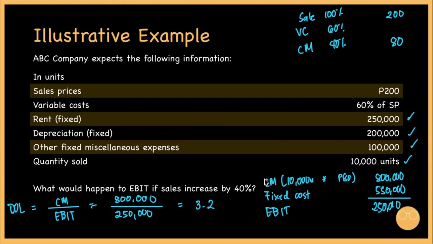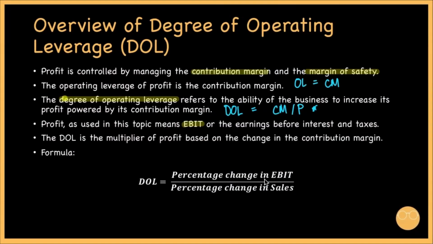So let's compute the percentage change in EBIT. Now that we have computed the degree of operating leverage, 3.2, and we have the percentage change in sales, 40%, we will look for the percentage change in EBIT. How should we compute it? We have to rearrange the formula.